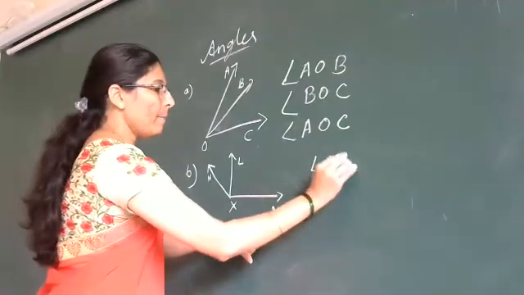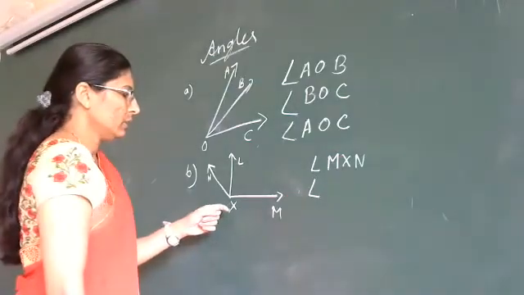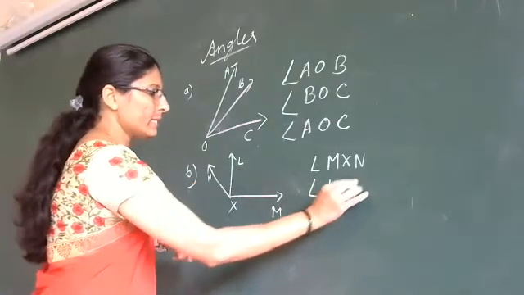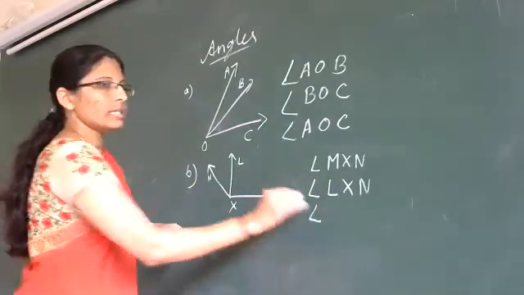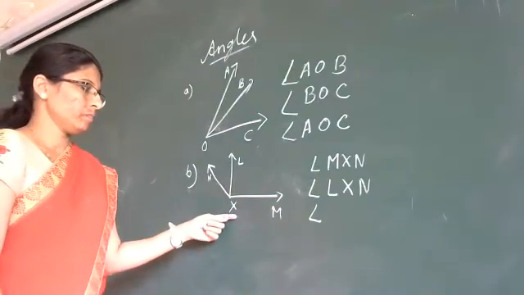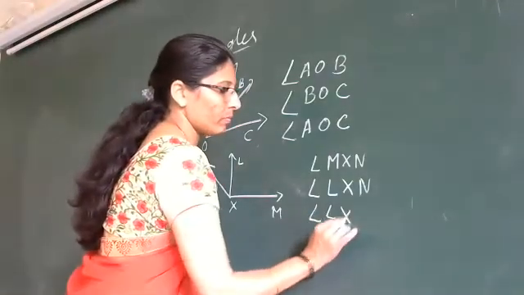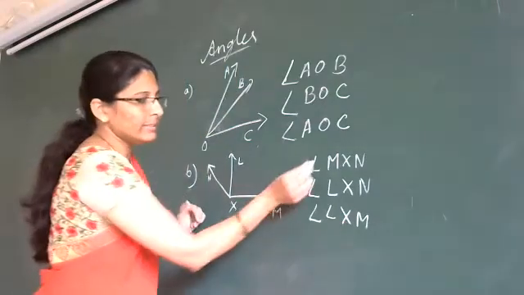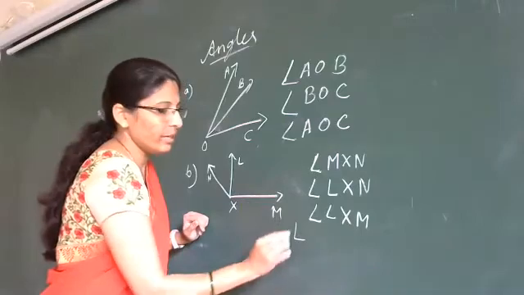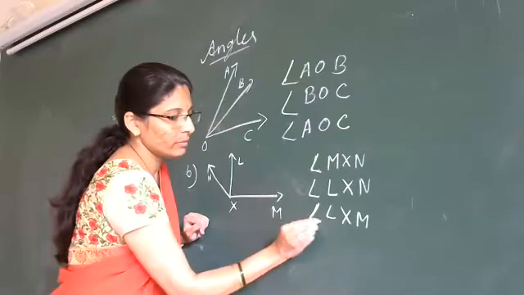Angle MXN. Then angle LXN. Last one, LXN. Okay, what symbol you are drawing? Don't write as L. This line is not straight, it is little slanting.